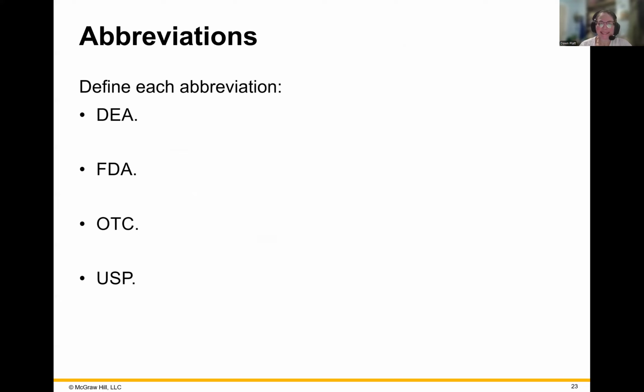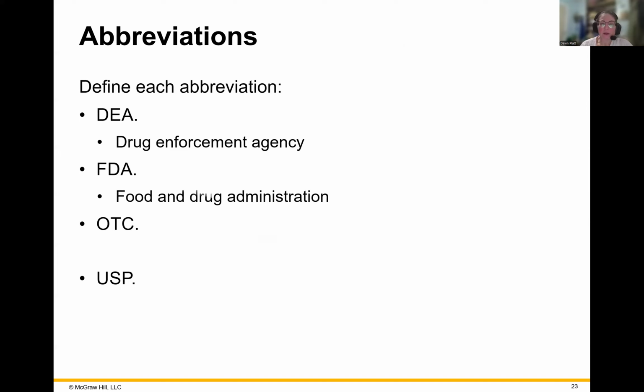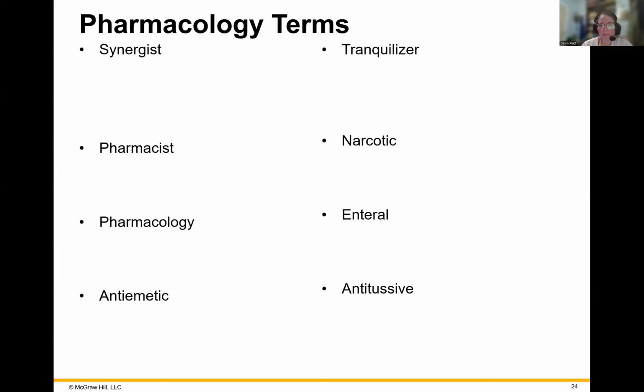So you have the DEA, FDA, OTC, and USP. We actually already talked about some of these. The Drug Enforcement Agency, this is the agency that oversees the controlled substances. FDA, we already talked about. Food and Drug Administration, they're the ones that oversee all prescribed medications and even over-the-counter medications, except for your vitamins and supplements. They don't oversee those. OTC means over-the-counter. And then USP means the United States Pharmacopoeia.